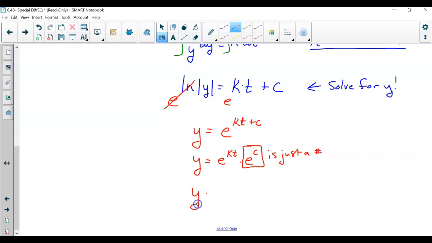Therefore, y equals that c value times e to the kt, and we get our direct variation equation. The problem actually turned into laws of exponential change in calculus. So our direct variation equation turns into an exponential equation when we integrate it, and hopefully that makes sense.